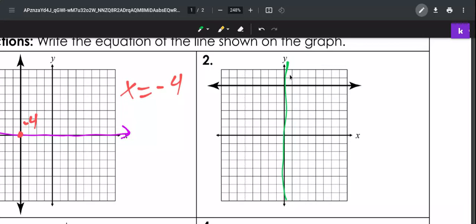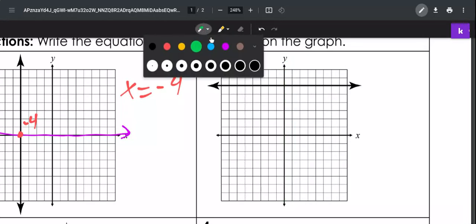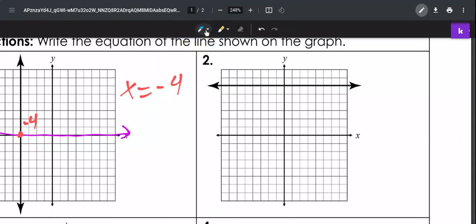So this graph intersects the y-axis. Or you could ask, does it intersect the x-axis? The answer is no, because the horizontal line and the x-axis are parallel to each other. Don't worry about what that means right now, just know they're not intersecting. They're not making a cross-looking shape.